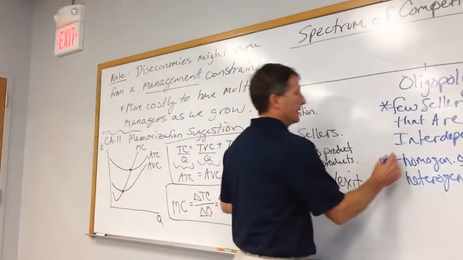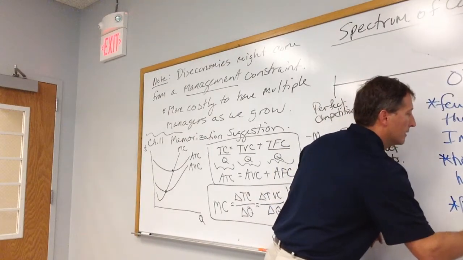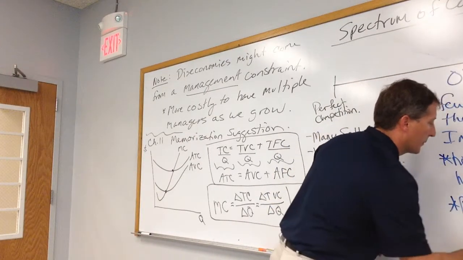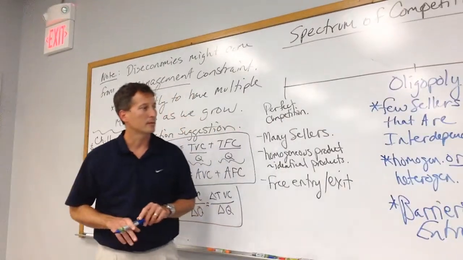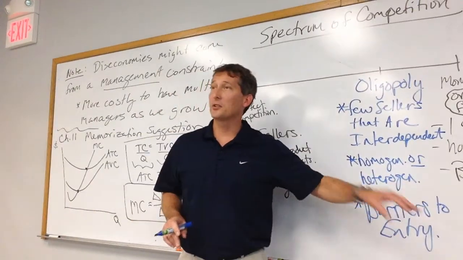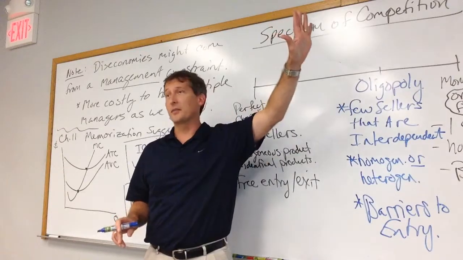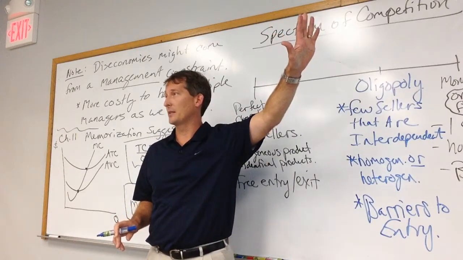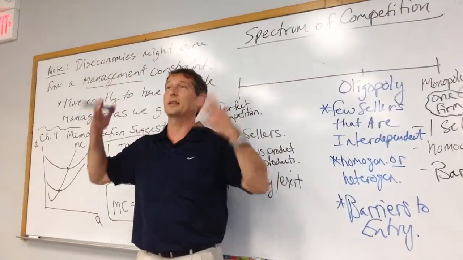And then finally in this market, we've got barriers to entry. Same thing we had for monopoly. These barriers might come from a high cost of getting into the business. By the way, this could have been over here too, but it might be very costly to start up a business.